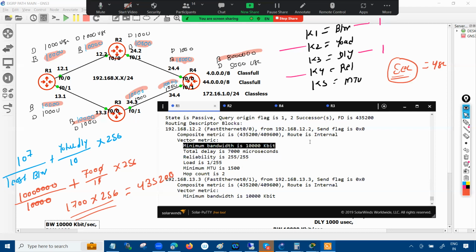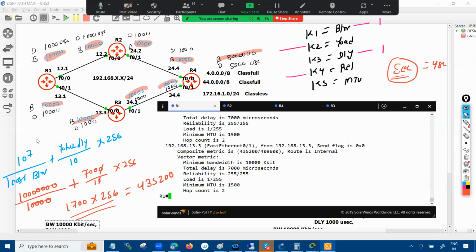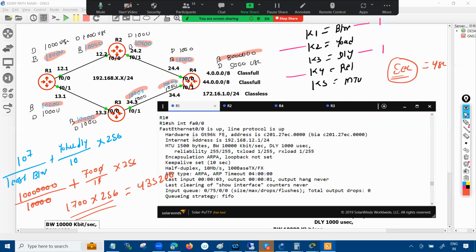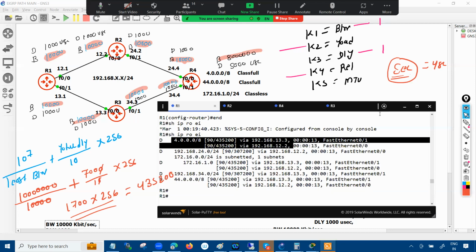Now, this is the formula. That's the universal formula to find the EIGRP metric. That's how EIGRP calculates the metric based on this formula. Now understand the concept. The main parts here are bandwidth and delay.